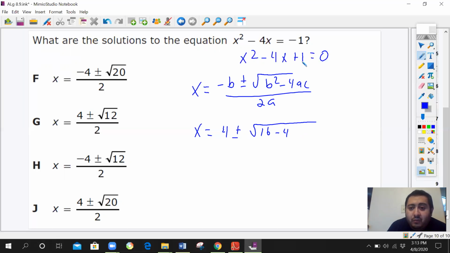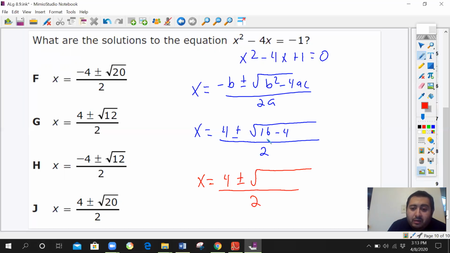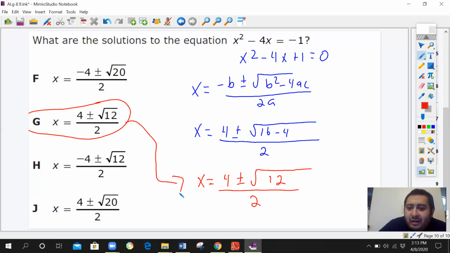Your c is 1 as well, and your a is 1. So you could just leave it like that. Divided by 2. So you end up with 4 plus or minus, 16 minus 4 is 12. So therefore your answer is letter G. Okay. I skipped some steps, but if you follow along the formula and plug in the values slowly, you're going to come out with this eventually.